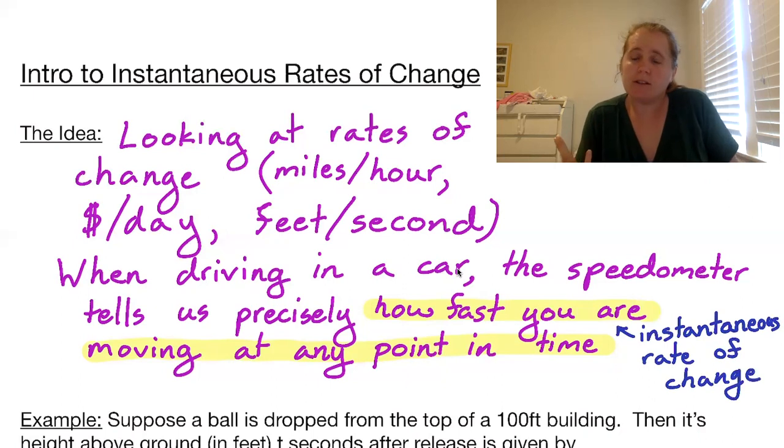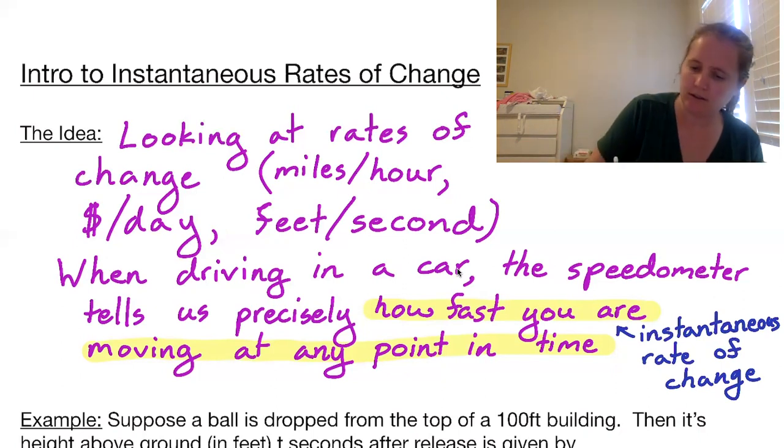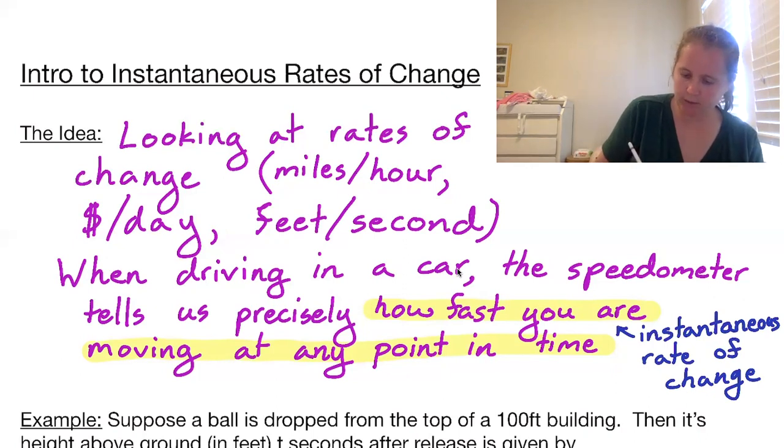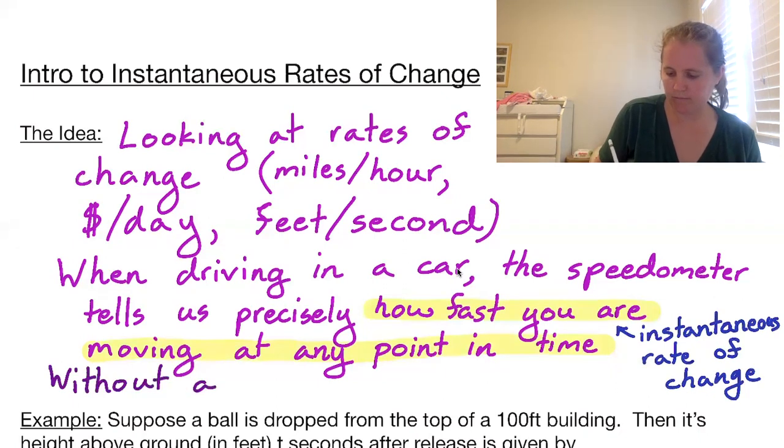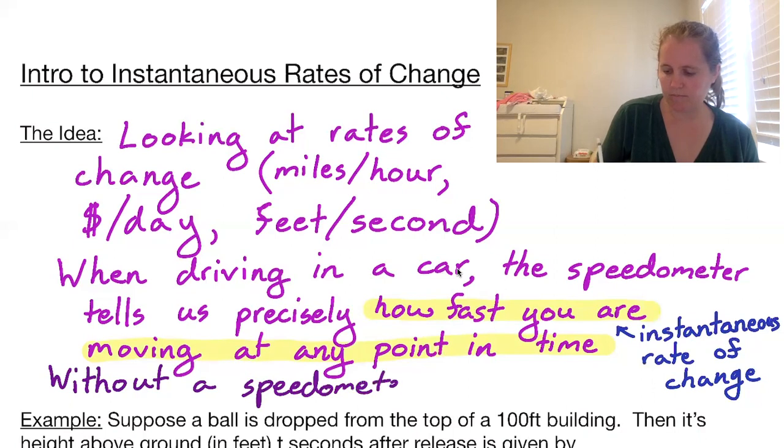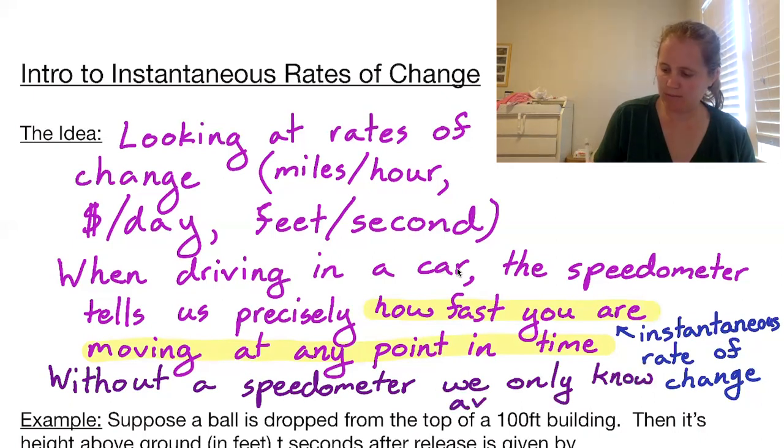But if we don't have a speedometer, we don't really have a way of measuring how fast we're going at a particular moment. Usually all we can find would be the average rate of change, the average speed. So without a speedometer, we only know average speed.